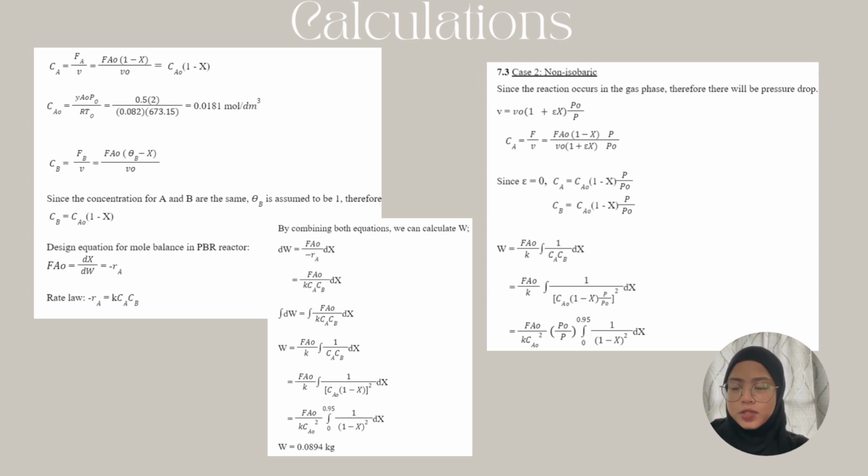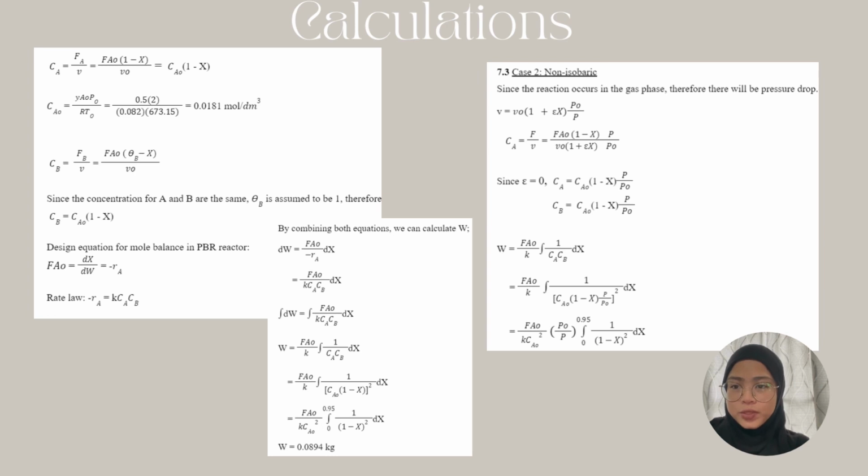Since the concentrations of A and B are the same, we can assume that theta B is equal to 1. Therefore, the equation for CB is equal to CA. The design equation for PBR is FA0 dX over dW equals negative rA, and the rate law is negative rA equals k CA CB. By combining both equations, we can calculate the weight of catalyst.